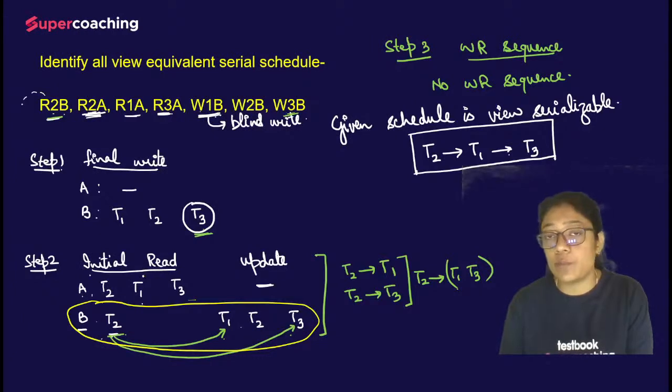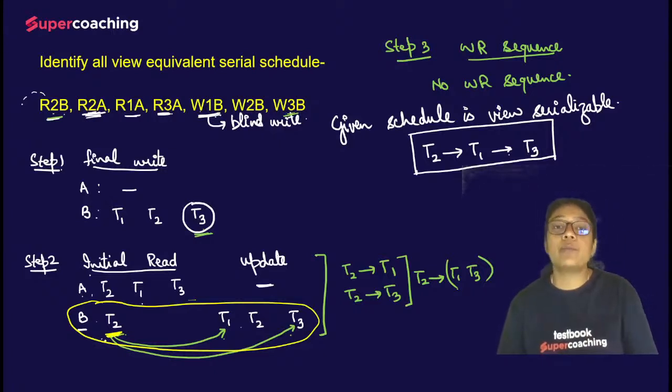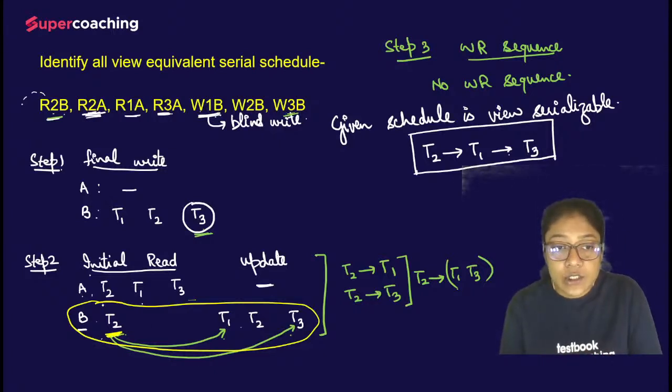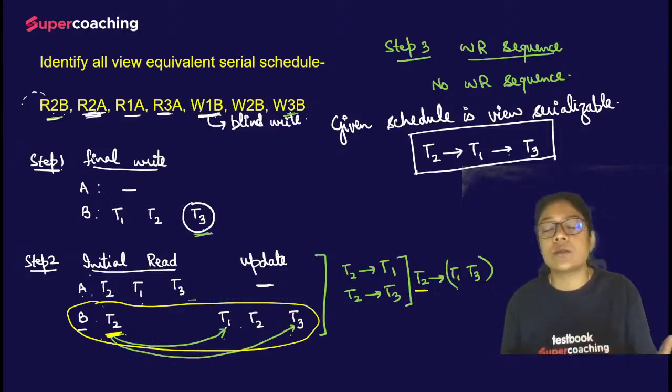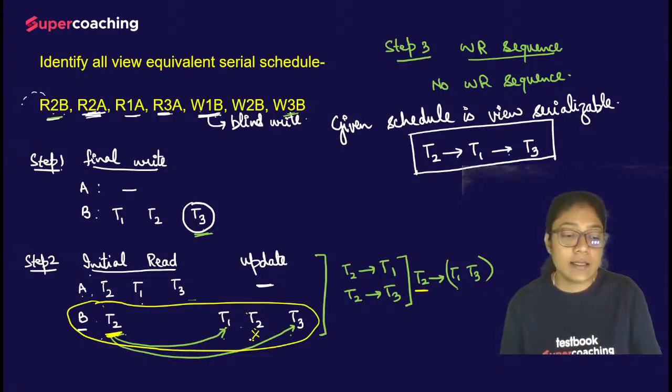It wants to perform the initial read. पहले T2 read करेगा उसके बाद T1 और T3 आ रहे हैं. अगर T1 और T3 पहले आ जाएंगे तो इसका मतलब this transaction won't be able to perform the read operation. तो इस condition के basis पे we have got the dependency, that is T2 should come before T1 and T3, because it has to perform the initial read. मैंने यहाँ पे T2 क्यों नहीं लिया, because T2 determining T2 does not make any sense. That's why I have skipped this. Make sense?